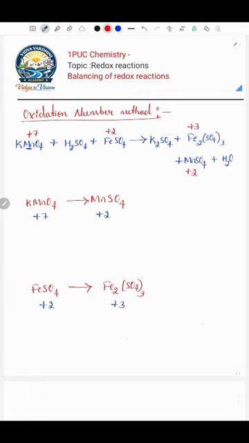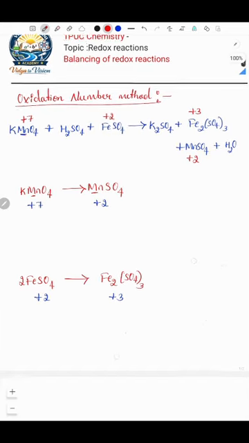First, identify whether the element which is undergoing oxidation and reduction is balanced or not. In KMnO4 case it is balanced, 1 manganese. In case of iron, there is 1 iron here and 2 iron here. Therefore write here 2, it is balanced.